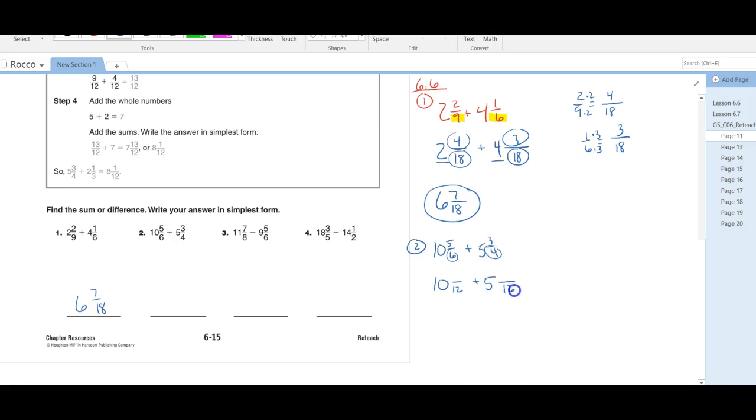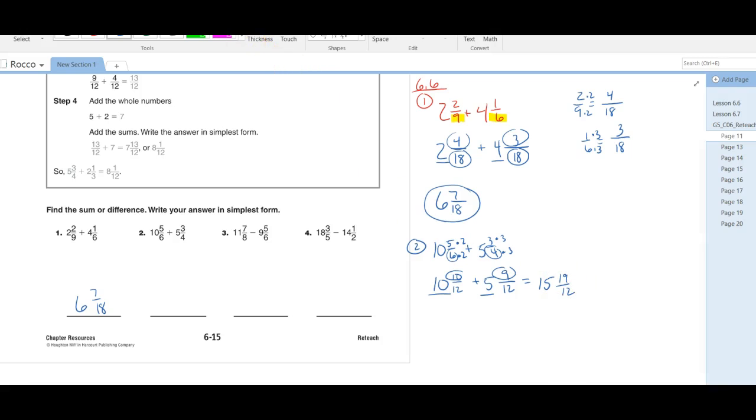So right away, what do I have to multiply 6 by? 2. So that's going to give me 10/12 plus multiply 4 by 3 and 3 by 3, and that gives me 9/12. Now when I add the whole numbers together, 10 plus 5 is 15. But then when I add the numerators together, I get 19 over 12.